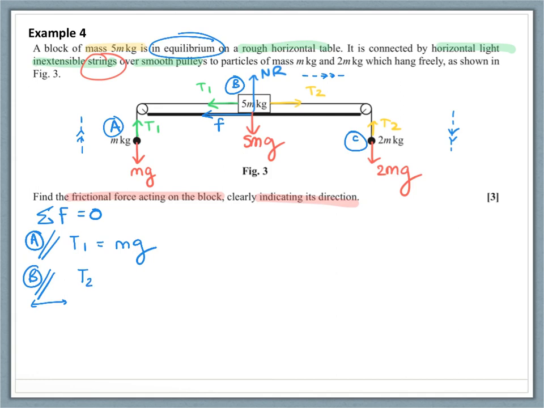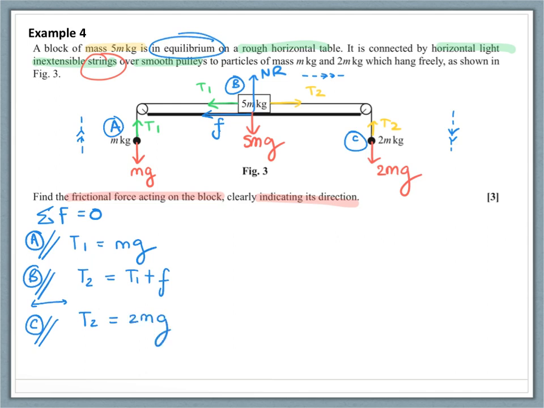So horizontally, T2 has got to be balanced by T1 plus the frictional force. Just make that a curly F for clarity. And then the last object is object C. Again, we've got a pair of vertical forces, and T2 has got to equal 2mg.